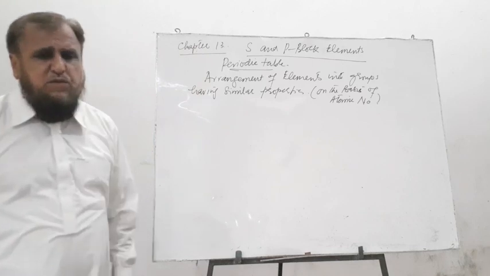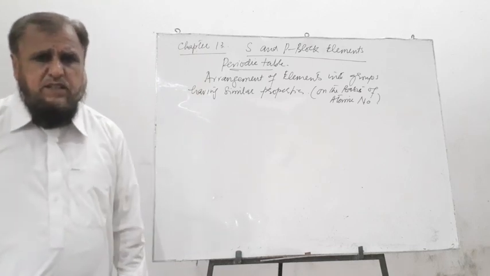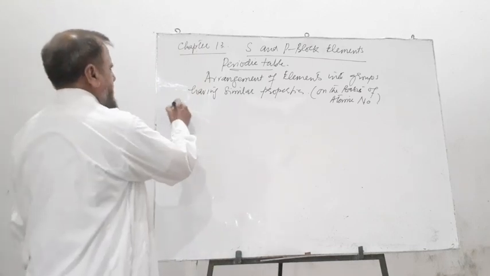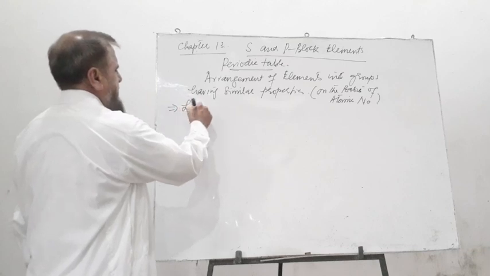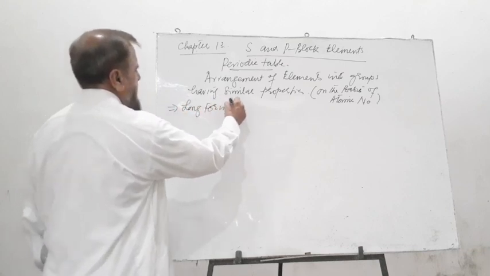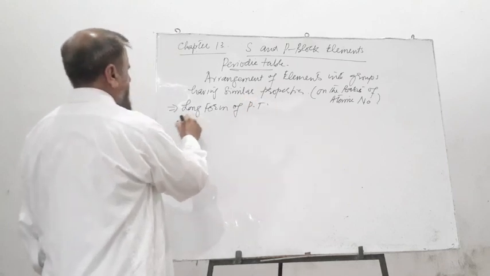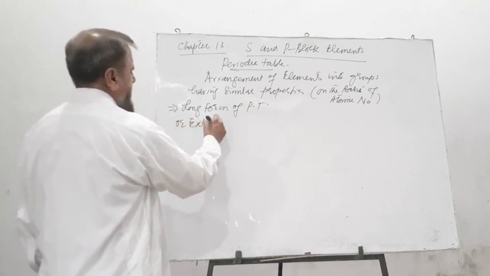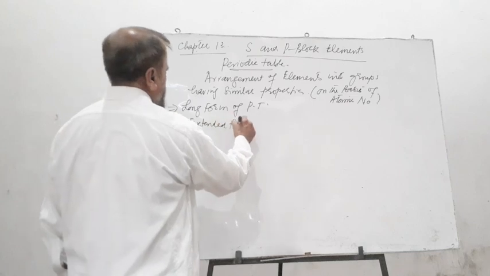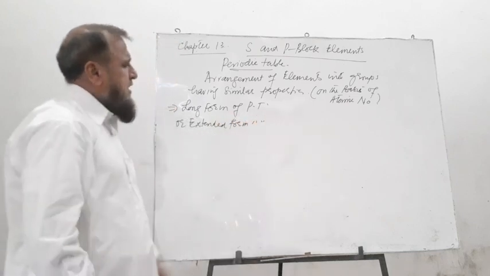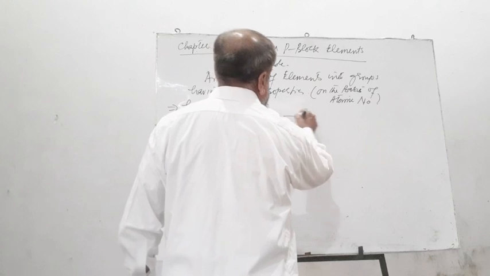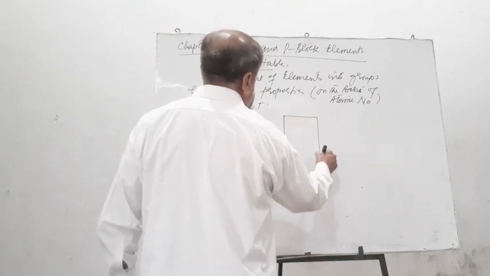The periodic tables which are usually available in books are known as the long form of the periodic table, or the extended form of the periodic table. It has 4 blocks.